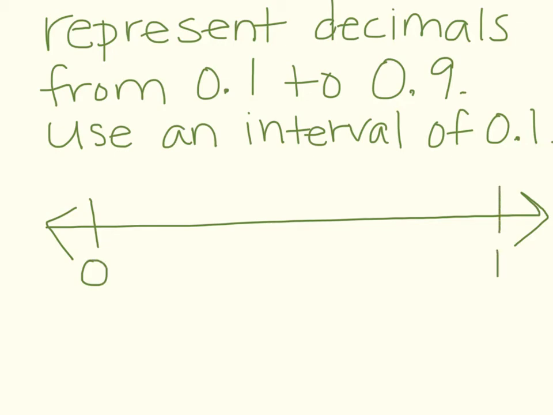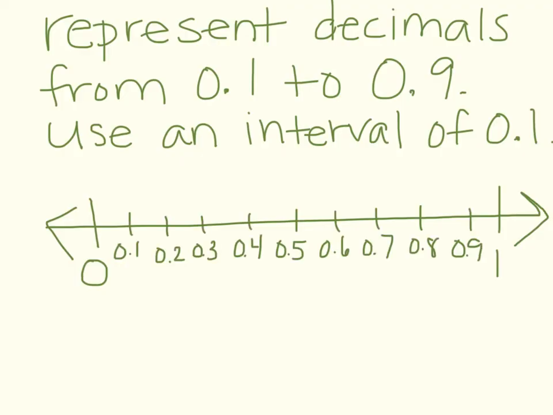We know all of our values fall between 0 and 1 because they range from 1/10 to 9/10. We're asked to use an interval of 1/10, so we're going to divide the space between 0 and 1 into 10 equal intervals.